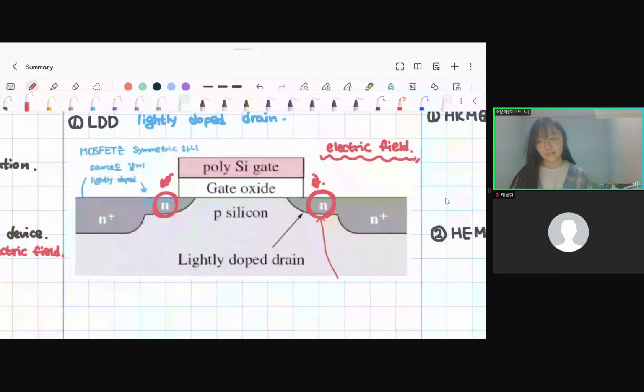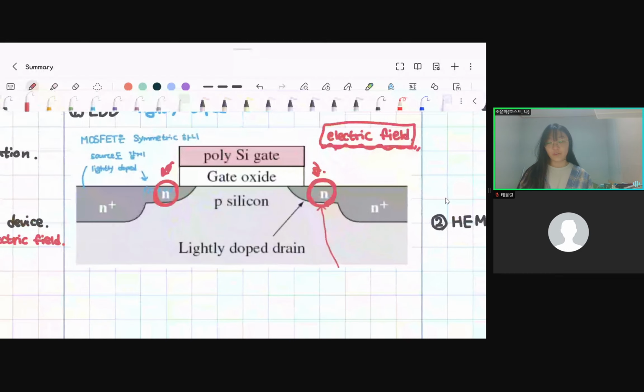The short channel effects are due to the electric field. So if we solve the problem, we will reduce the electric field from the channel.